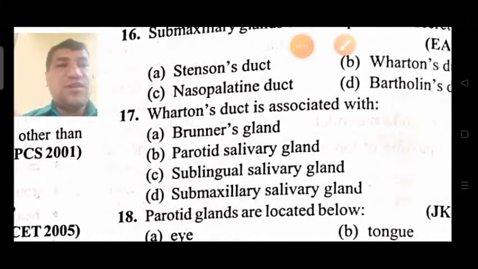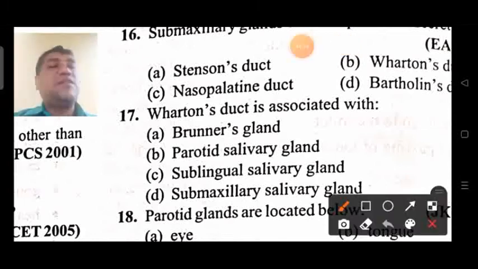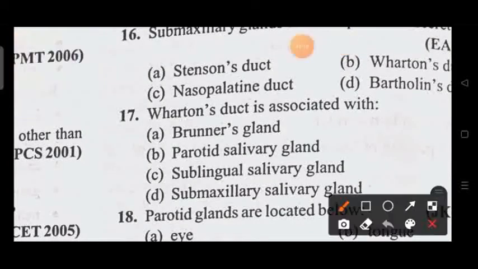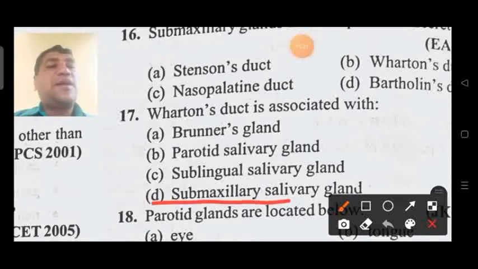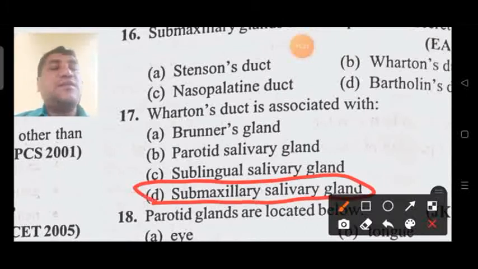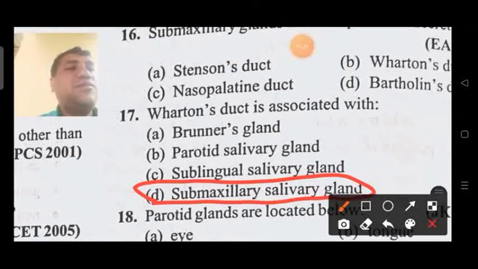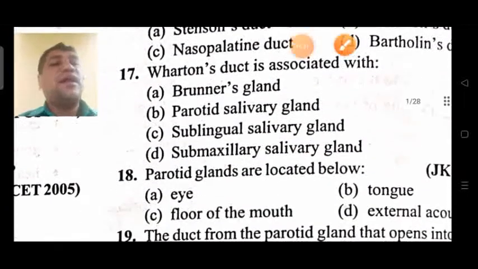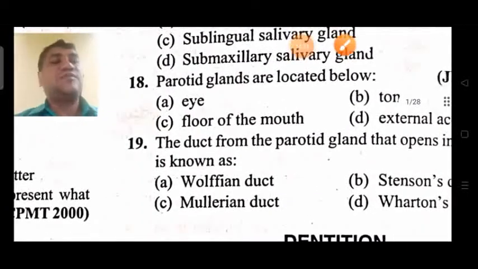So the answer for this question is the submaxillary salivary gland, because we have learned that the Wharton duct is associated with the submaxillary gland.